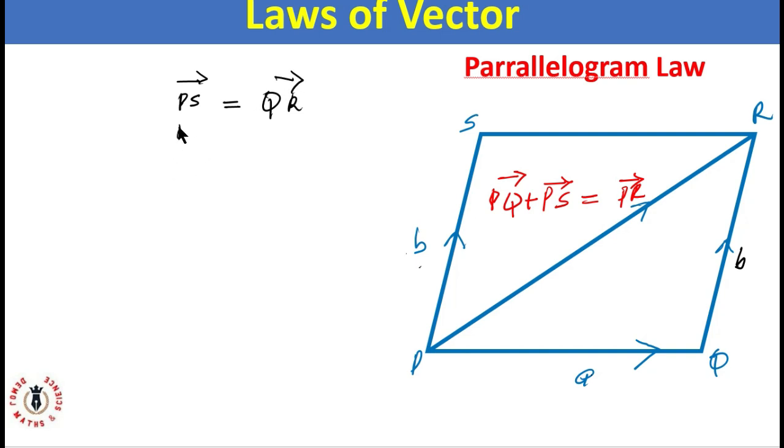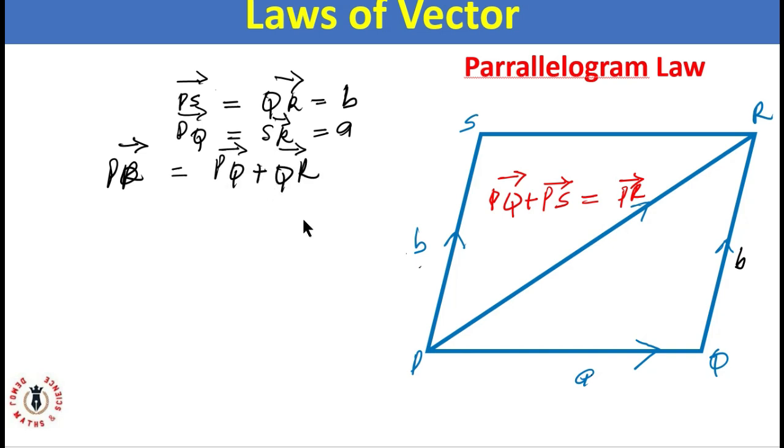And at the same time, PQ is the same thing as SR. So that if PS is equals to B, QR will also be equals to B. And if PQ is equals to A, SR will also be equals to A. Now, the side PR obviously from this parallelogram will be equals to PQ plus QR.